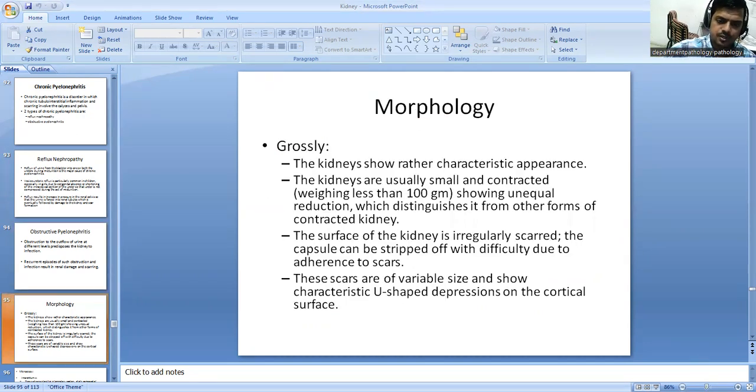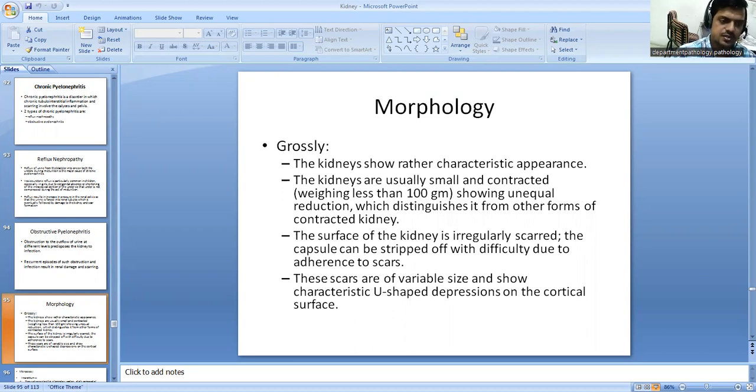Morphology. Grossly, the kidneys show rather characteristic appearance. The kidneys are usually small and contracted, that is weighing less than 100 grams, showing unequal reduction, which distinguishes it from other forms of contracted kidney.